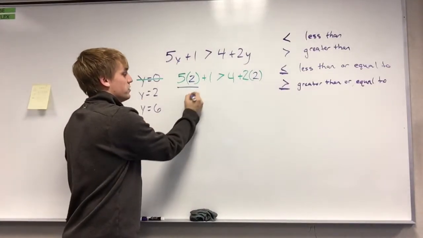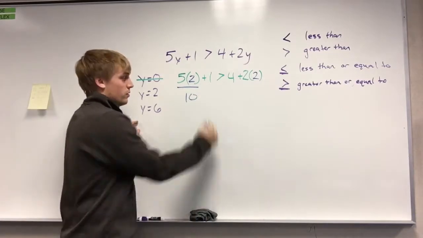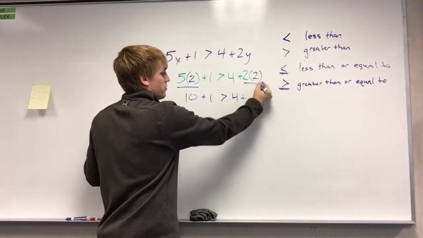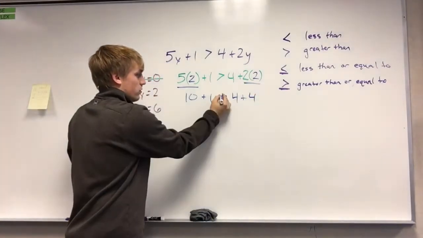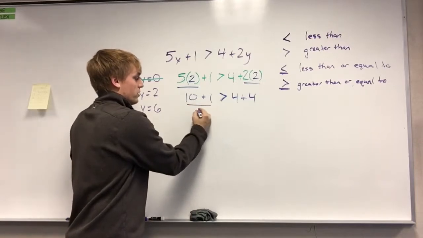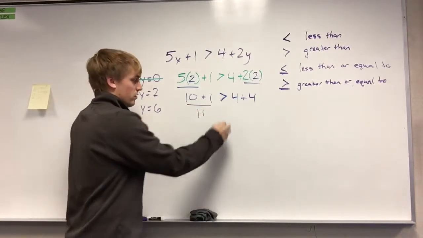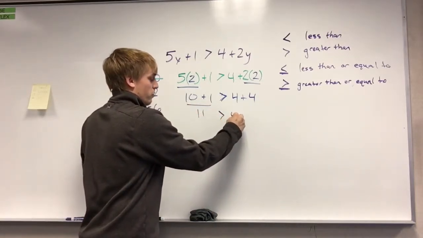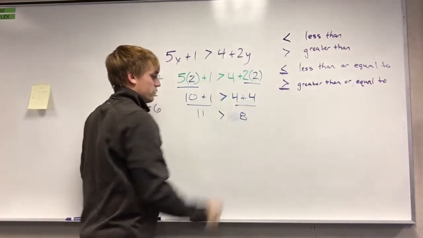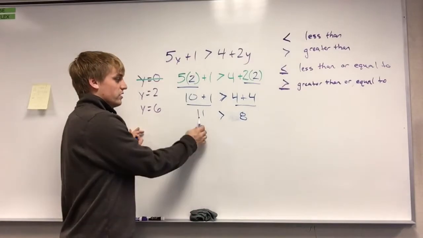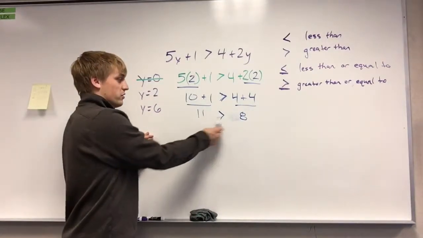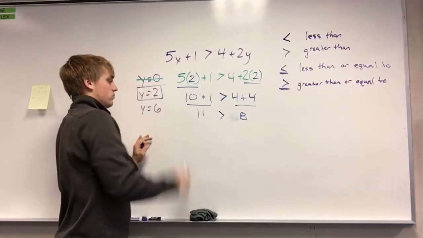So I have 5 times 2 is 10, plus 1, greater than 4 plus 2 times 2 is 4. 10 plus 1 is 11, greater than 4 plus 4 is 8. Okay, is 11 greater than 8? 11 is greater than 8, so 2 works.